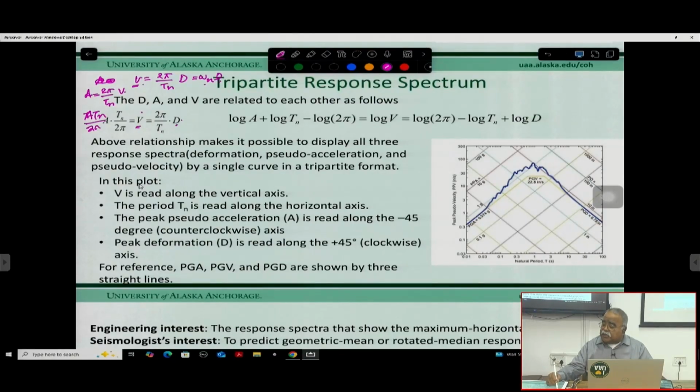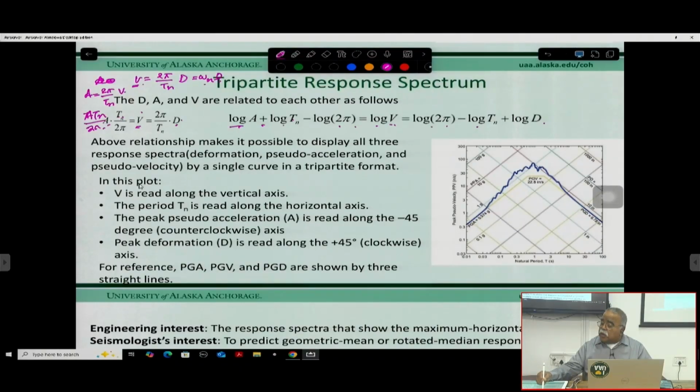If you take the log of this expression, log A plus log Tn minus log 2 pi will be equal to log V, and will also be equal to log 2 pi minus log Tn plus log D, right?